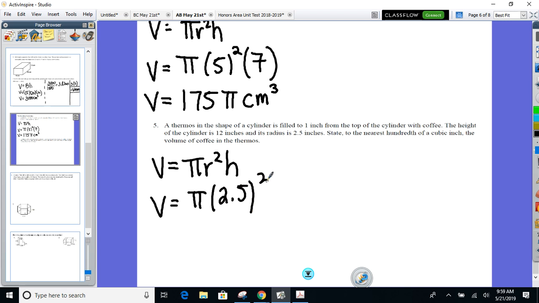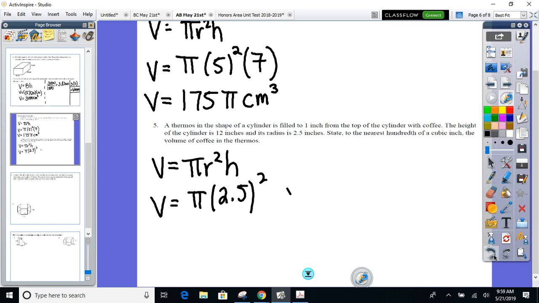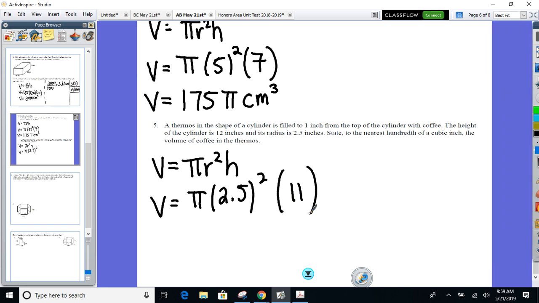Now here's the thing, height. Remember, we're doing the volume of the coffee, not the thermos. Thermos is how high? 12, but we're only filling the coffee 1 inch below, so the height of the coffee is going to be 11. We're taking the volume of the coffee, not the thermos.